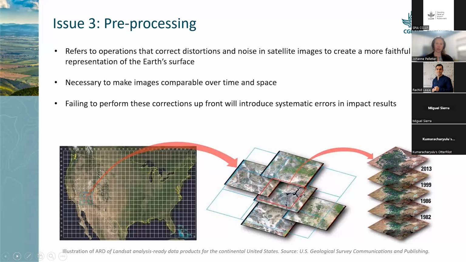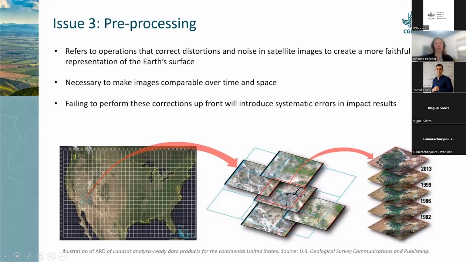So if you're just working in an area and you have one image that covers your area and you're not looking at change in time, okay, pre-processing is not as important.